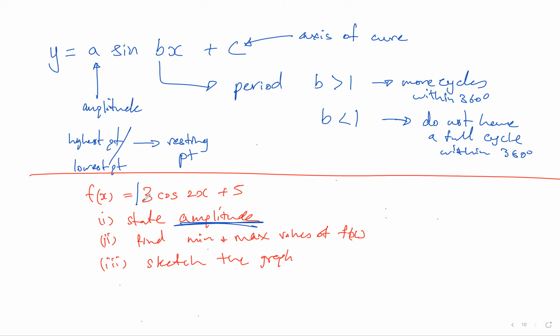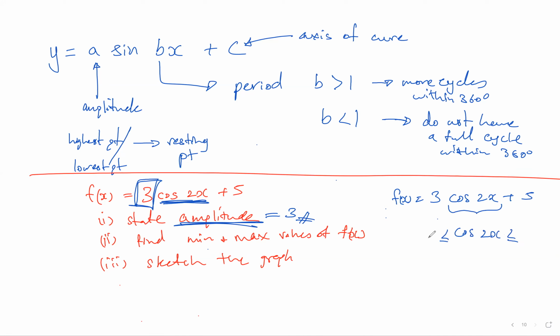Amplitude refers to this number here. So you can straight away say that amplitude is equal to 3. How about the minimum and maximum value? The minimum and maximum value depends on f(x) equal to 3 cos 2x plus 5. The cosine is between -1 and 1. So one value you can put is 3 times negative 1 plus 5.